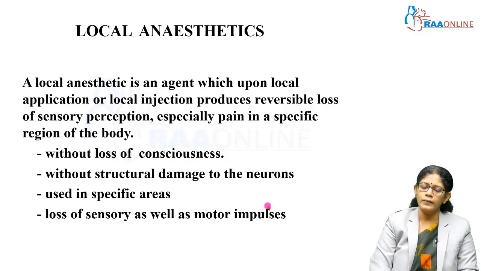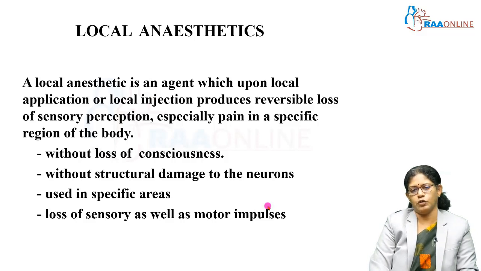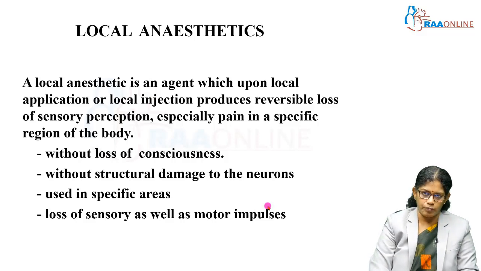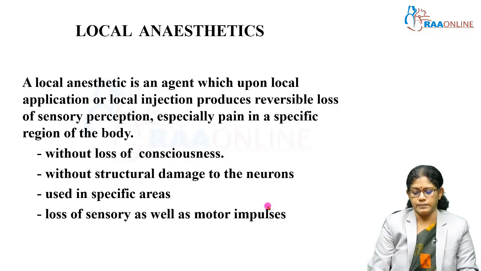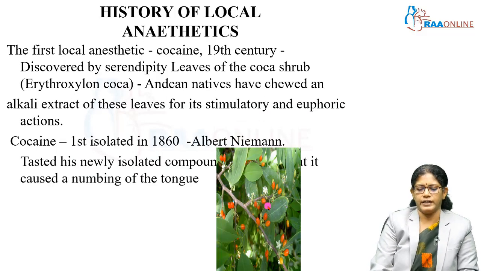Loss of sensory as well as motor impulses takes place with local anesthesia. So it is a reversible loss of sensation in a particular part of the body without affecting consciousness.